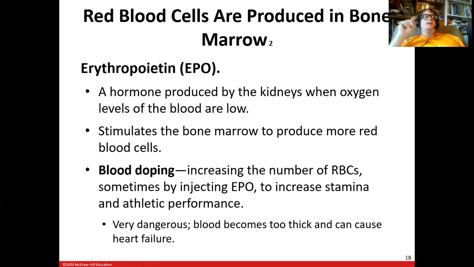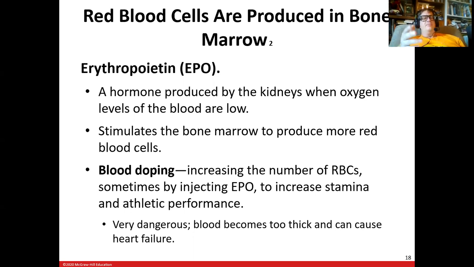I'll give them the chemicals that the body turns into that hormone. And that's what Lance Armstrong was busted for, actually. Anyway, blood doping is a method of trying to increase performance, increase stamina. And one method for a while was to inject erythropoietin.